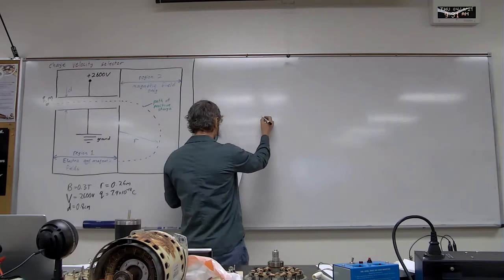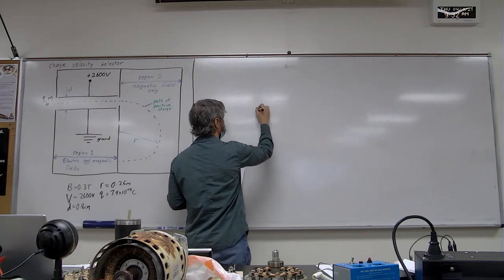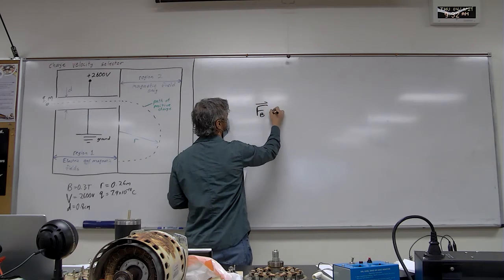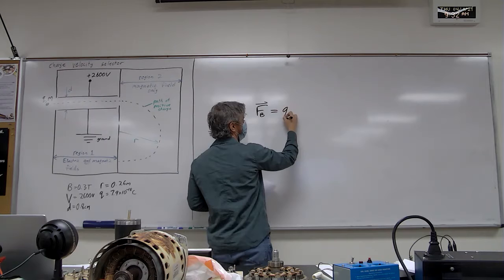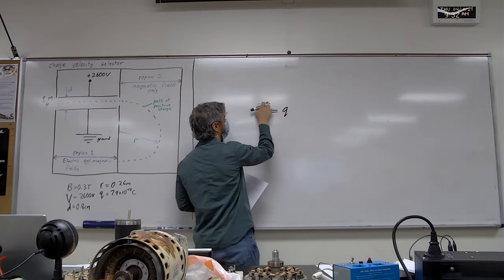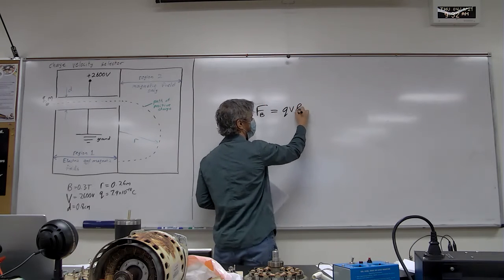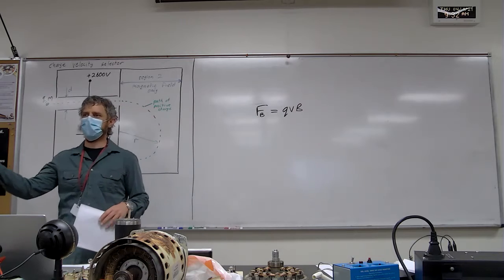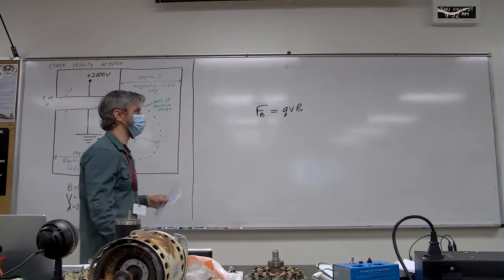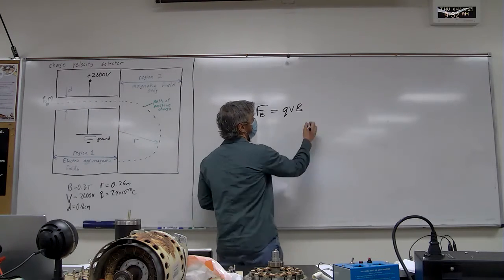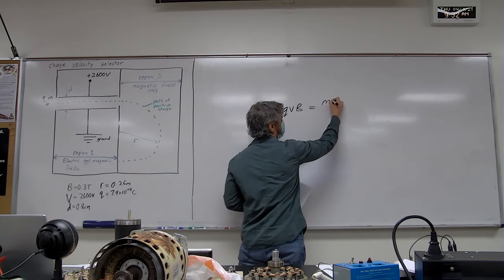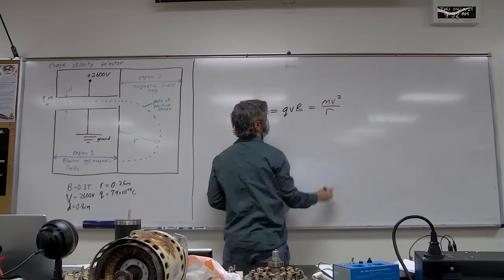Okay, we know that the magnetic force, it simplified, the magnitude of the magnetic force is just QVB, because the angle between the magnetic field and the velocity was always 90 degrees. But we also know it's a centripetal force. So it's mv squared over r.